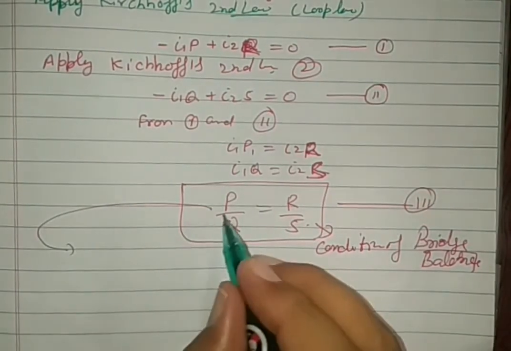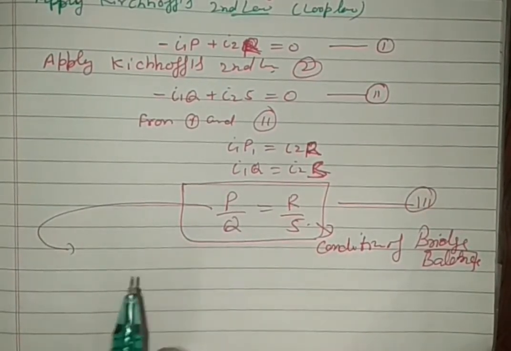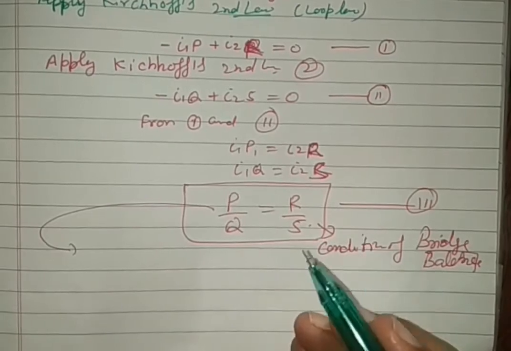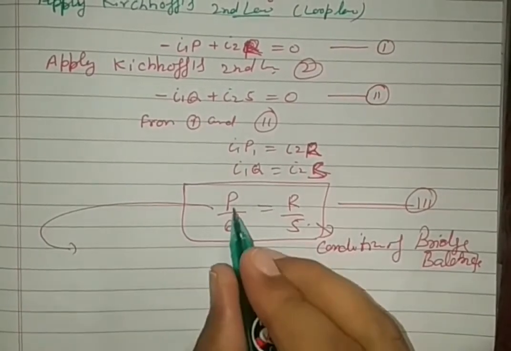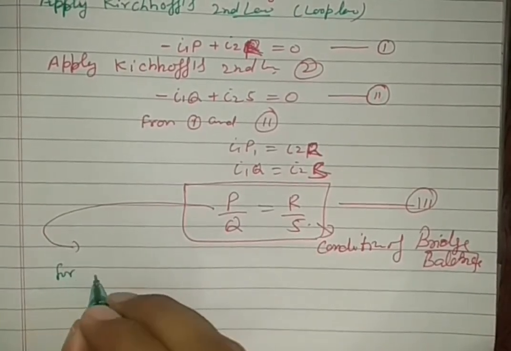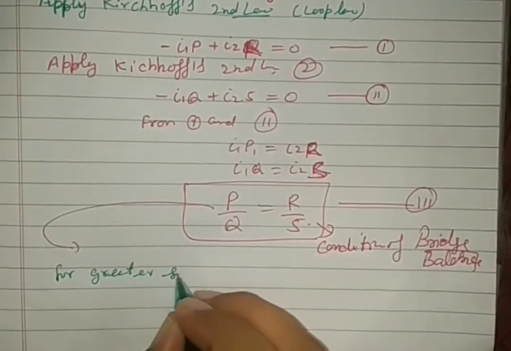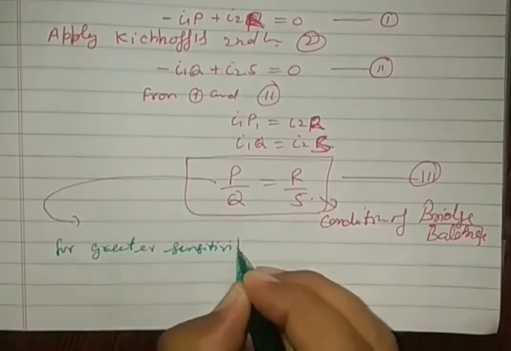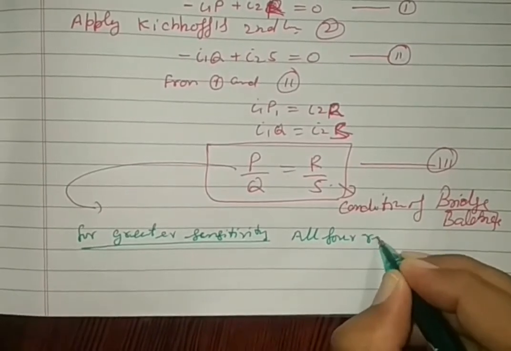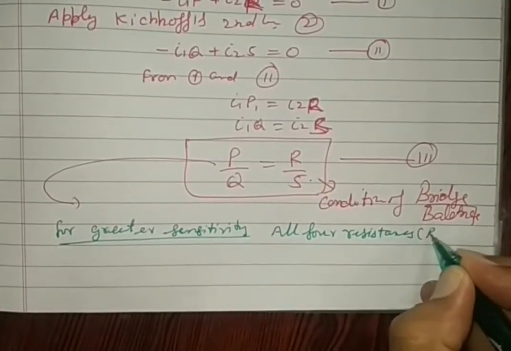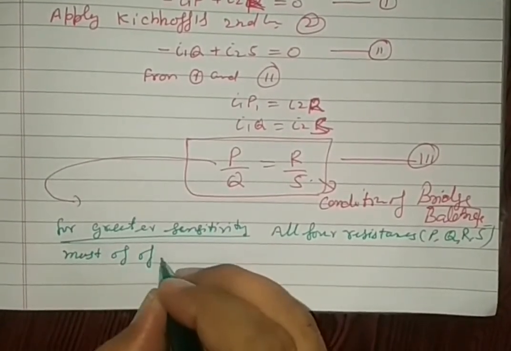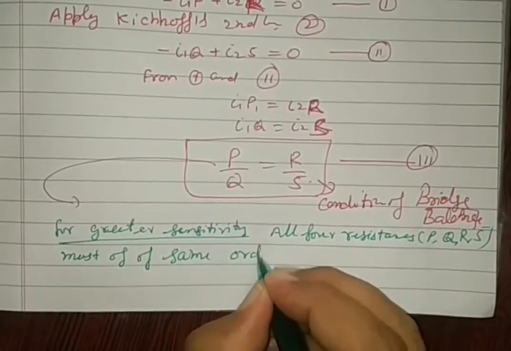See, in the practical arrangement, keep one thing in mind: when you are going to prove this Wheatstone bridge experiment, in that condition, for greater sensitivity, all four resistances, that is P, Q, R and S, must be of the same order.